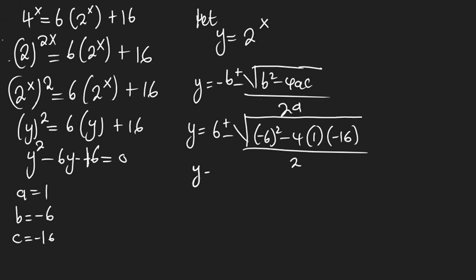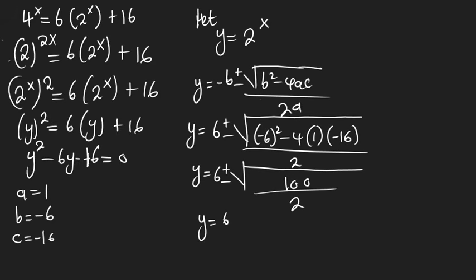Then y is equal to 6 plus or minus, what is everything inside? That is going to be a positive, so it's going to be 4 multiplied by 16, which is 64. 64 plus, 6 to the power 2 is 36. So 100. It's giving me 100 over 2.